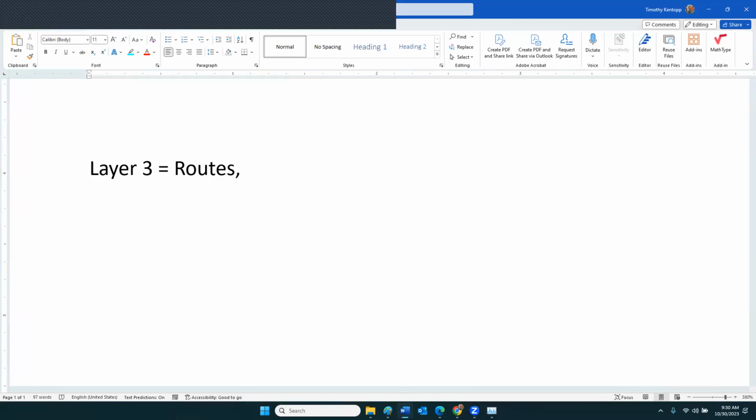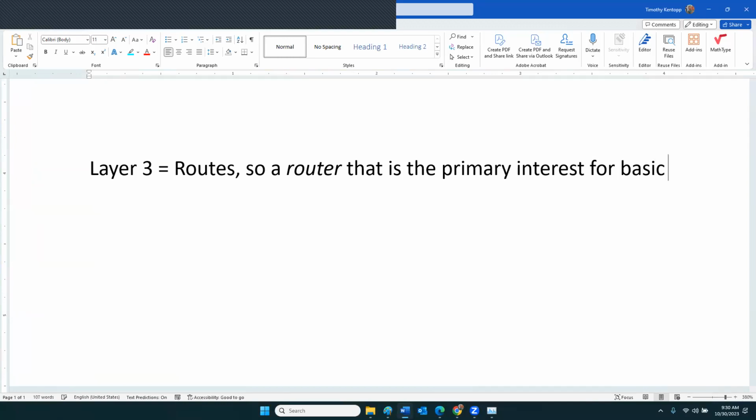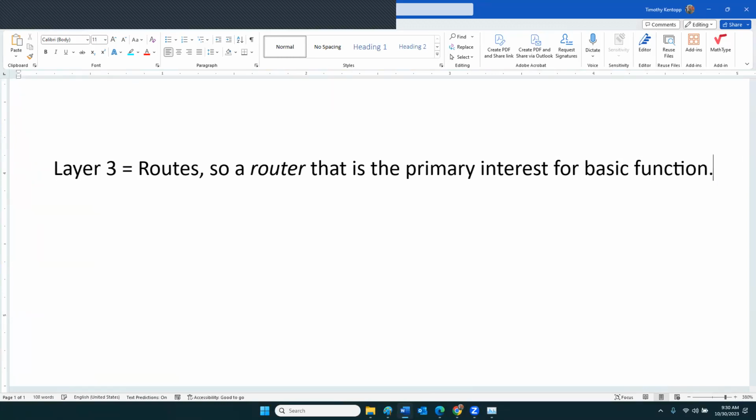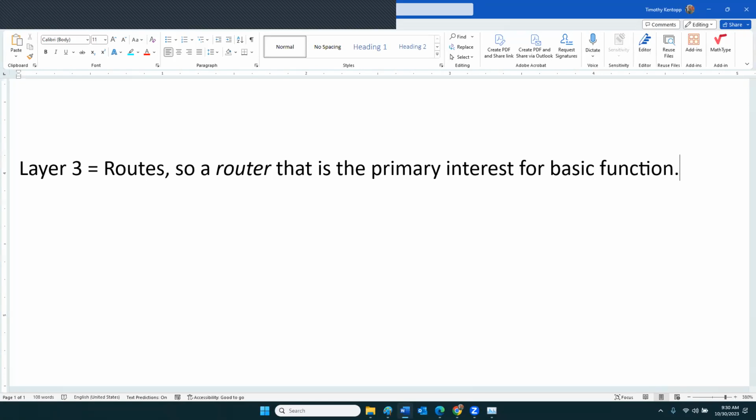The router. It's the router, it's not the firewall. That's right. So it's a router that is the primary interest. That's important to understand.